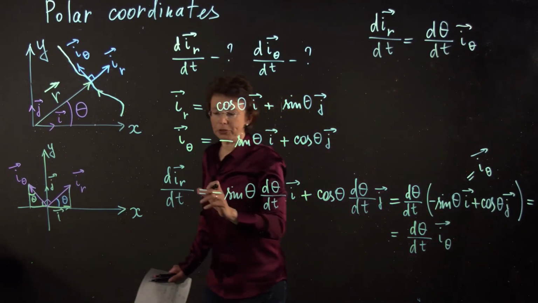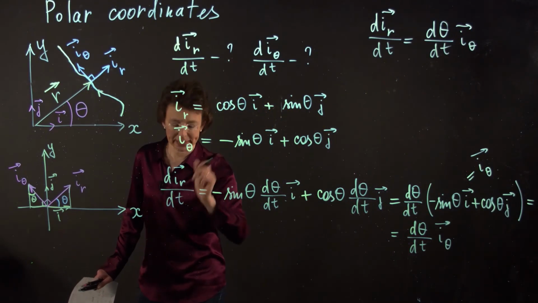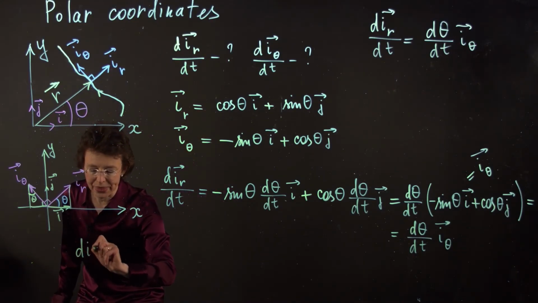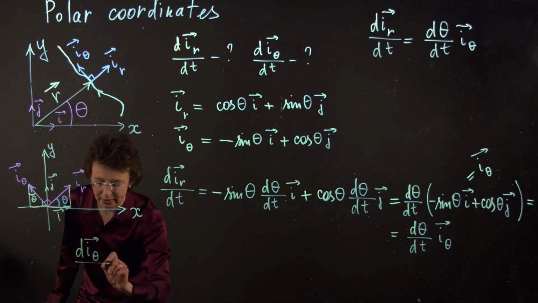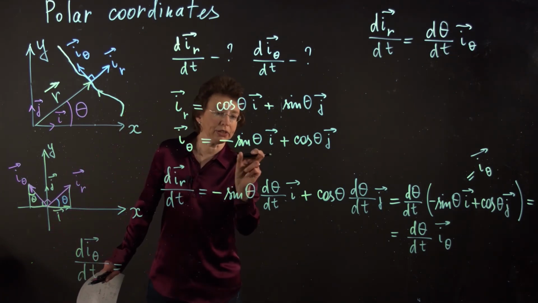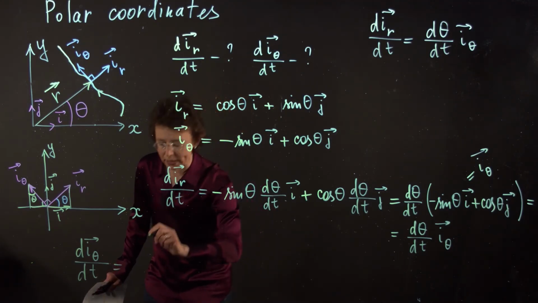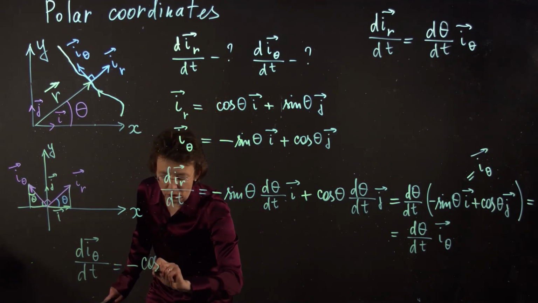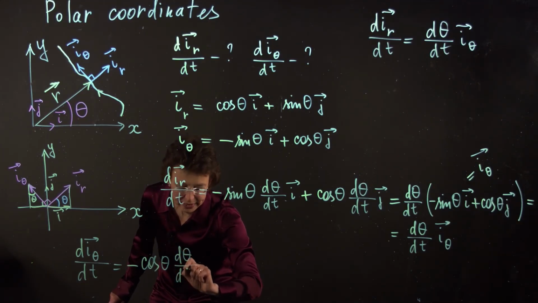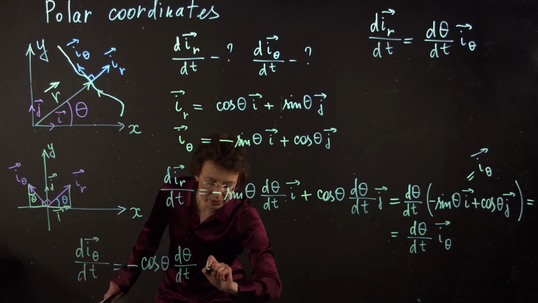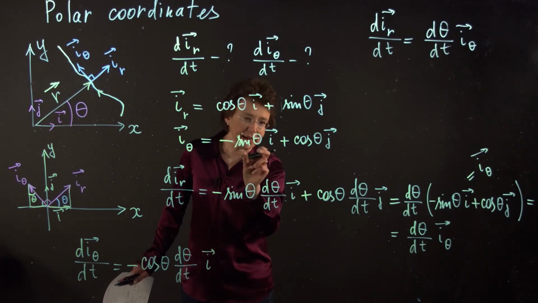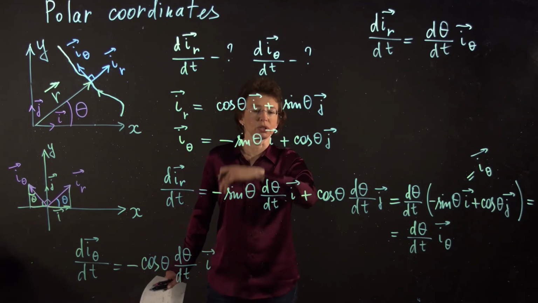Now we need to derive di_theta/dt. Let's do it. So I will start here. di_theta/dt is equal to, the derivative of sine is cosine, so it is minus cosine theta, and the chain rule gives me d theta/dt times i, plus minus sine theta, and the derivative of i gives me 0.